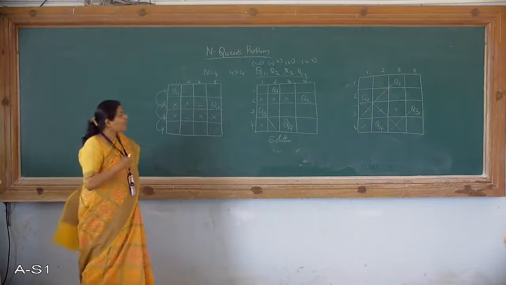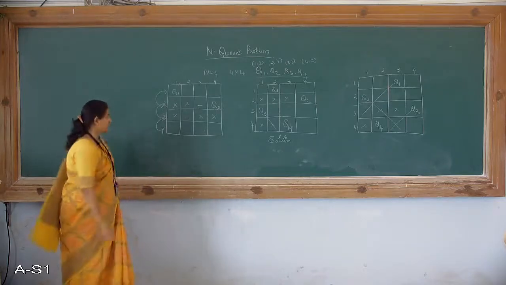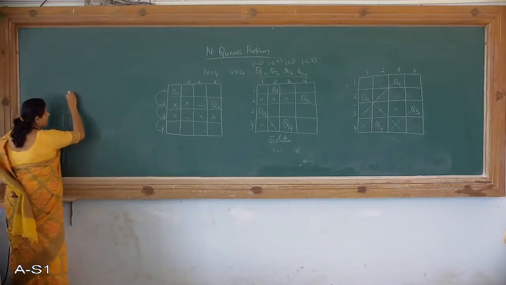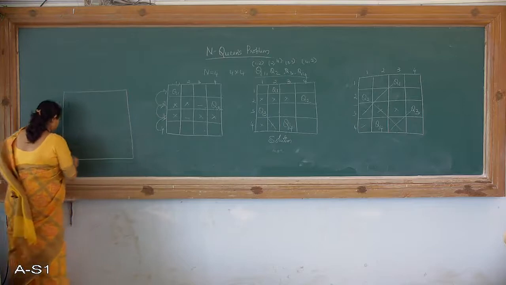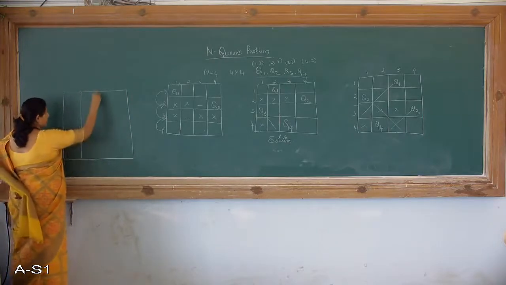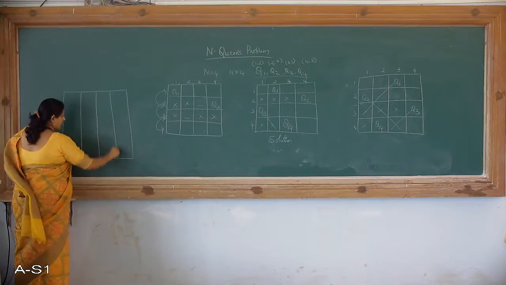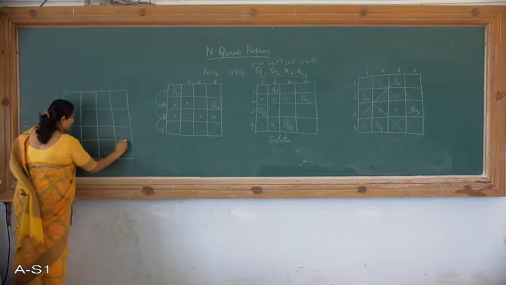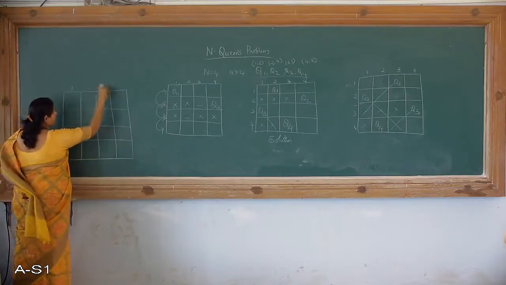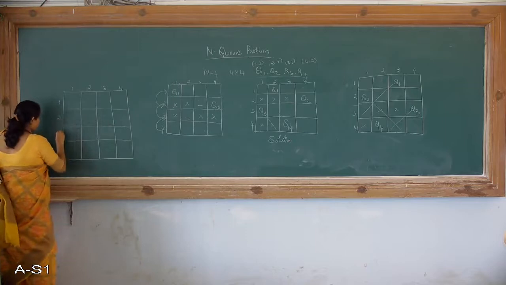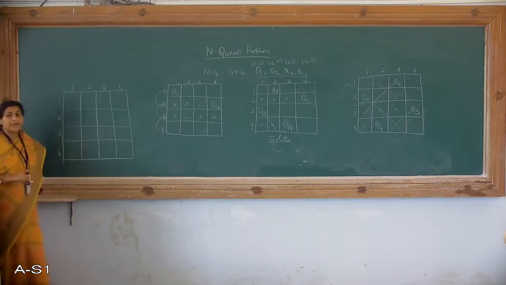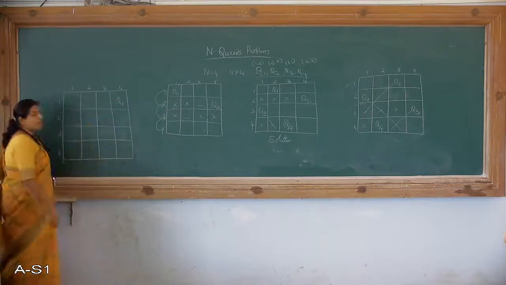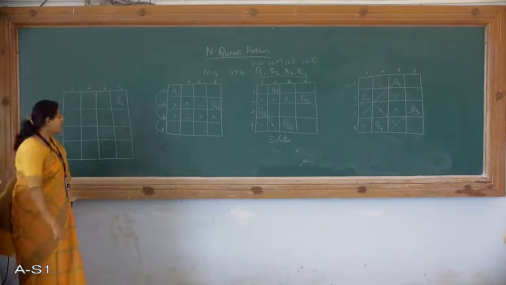Similarly, let us try the fourth position. What would happen? Now let me place my queen at the extreme, where it's in the 1, 4 position.